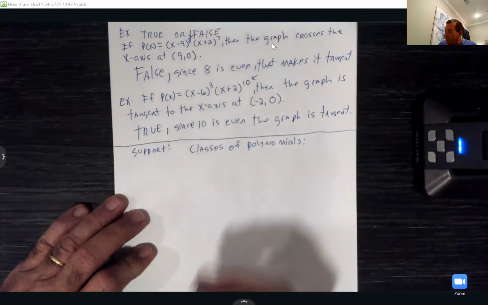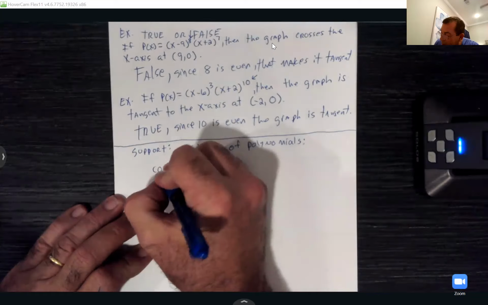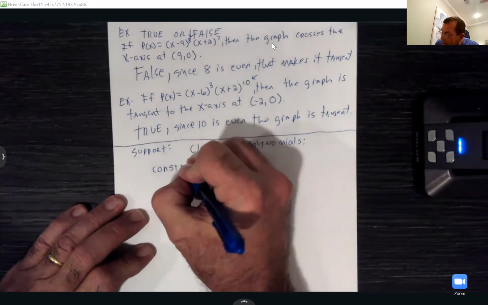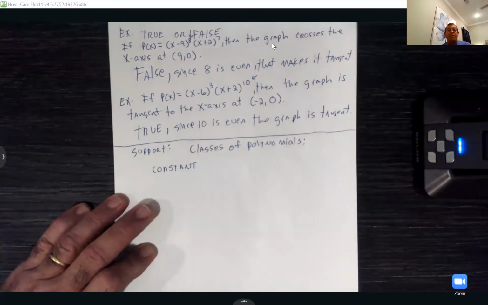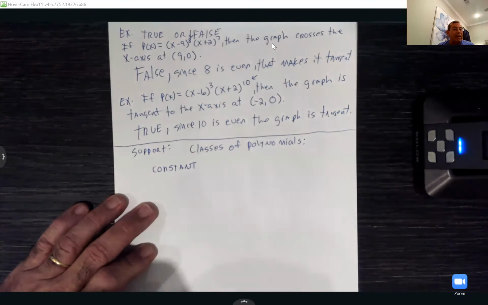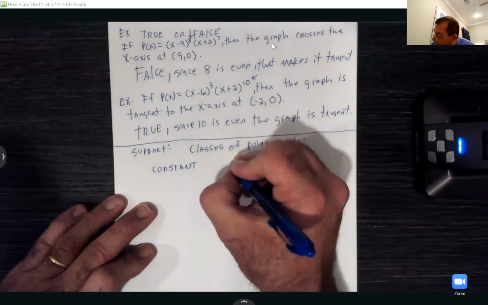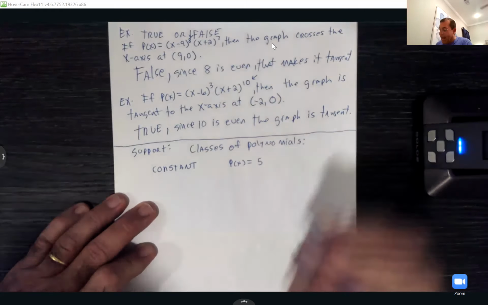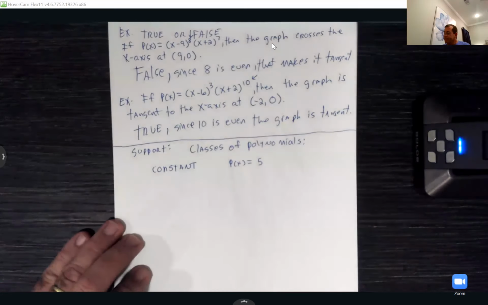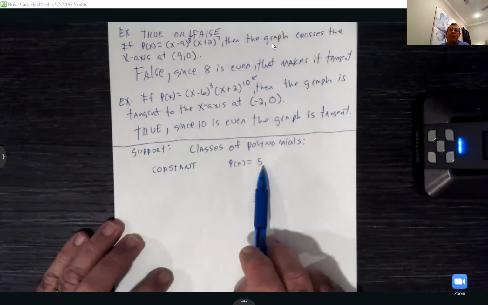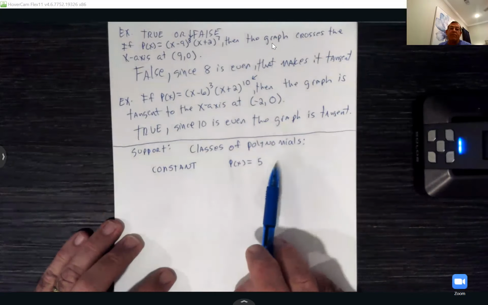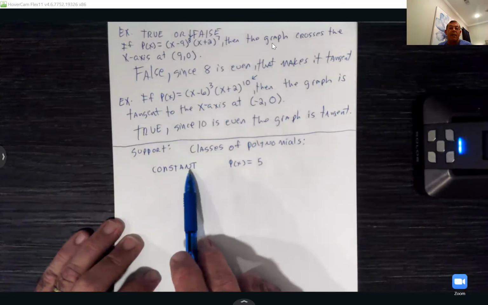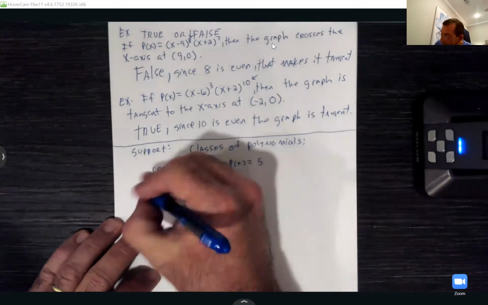We have a constant polynomial. To be a constant polynomial, it's just going to equal a number, something like P of X equals 5. It could be any number, but it has no variables. If it has no variables, it's a constant polynomial.